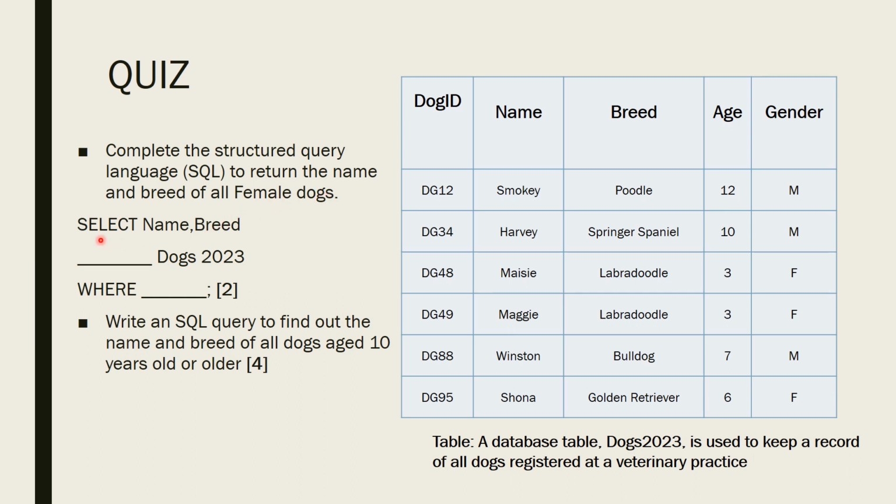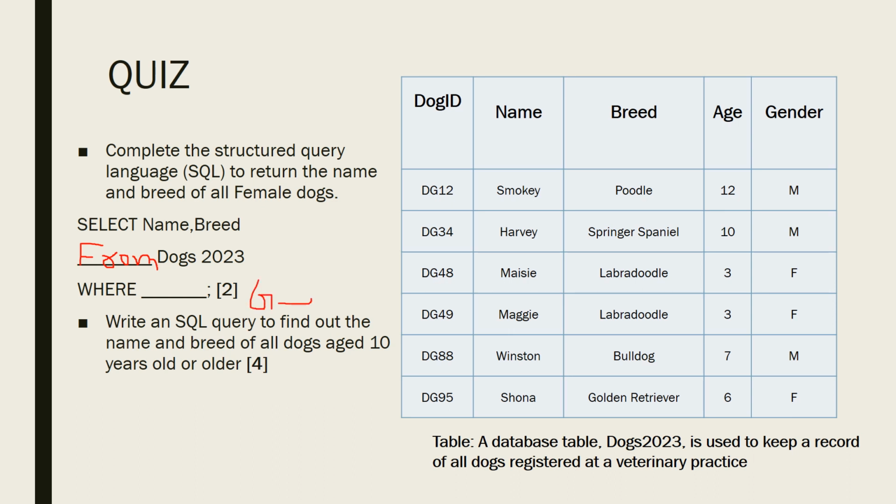So what we can do: SELECT name, breed FROM dogs WHERE gender equals, for all females. So here we can specify gender.